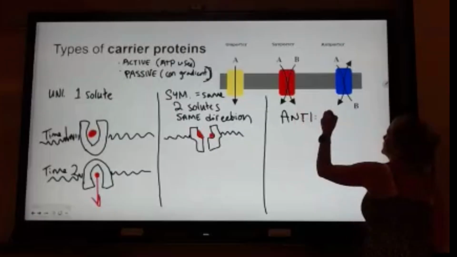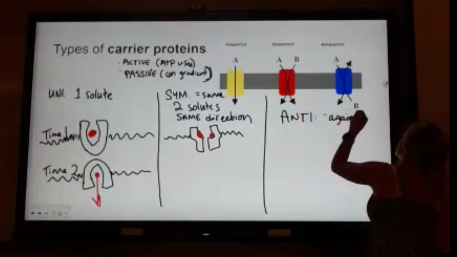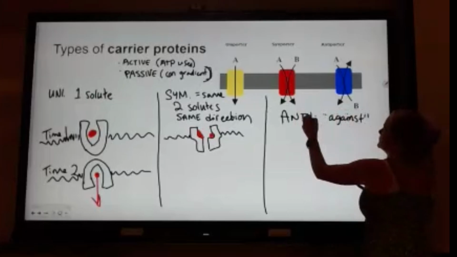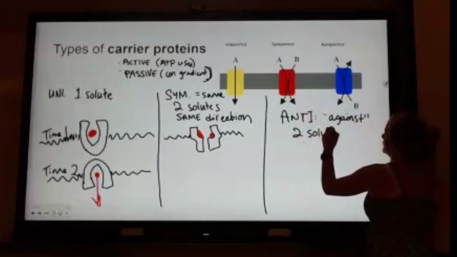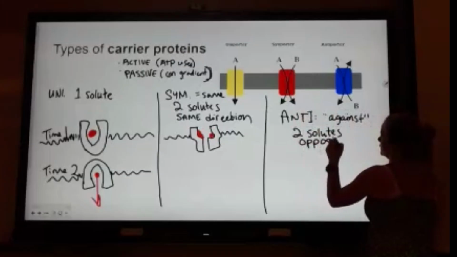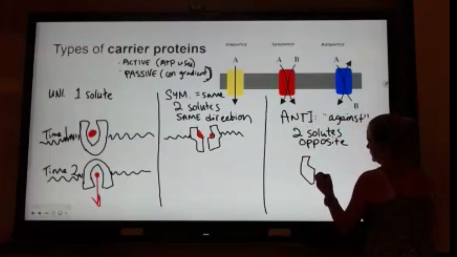Anti, that means against. So here we're going to take 2 solutes and we're going to move them in opposite directions. Okay, so let's try to do a triangle here on this side of that protein.